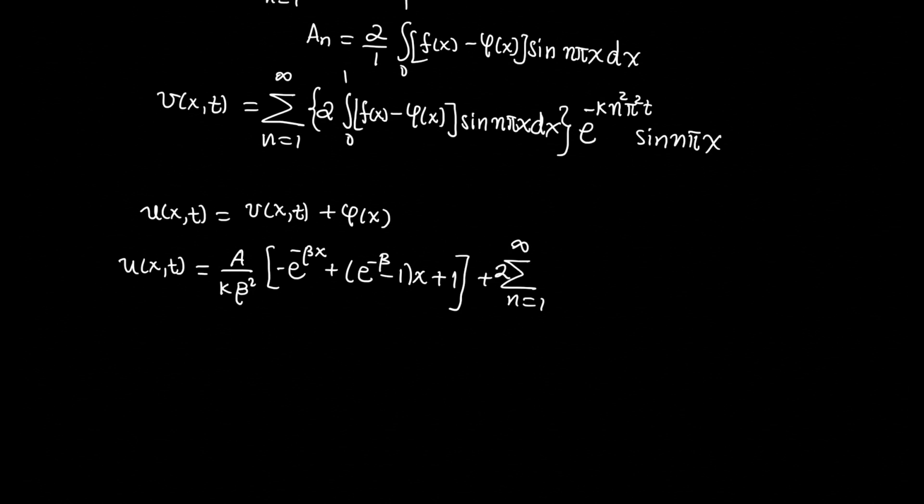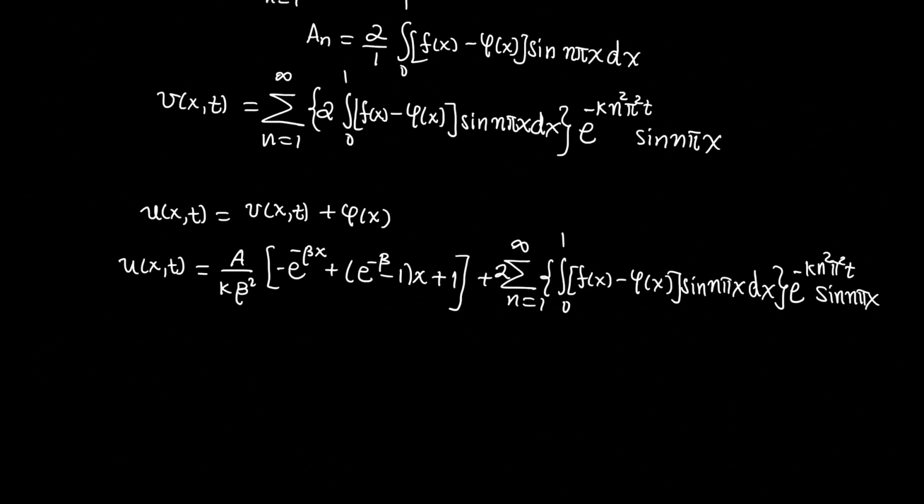You have 2 here, the integral from 0 to 1 of f x minus phi x times sine n pi x dx, times e to the minus k n squared pi squared t times sine n pi x, like that.